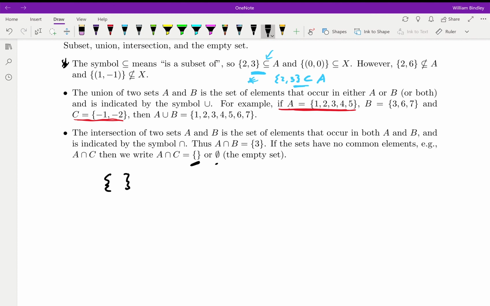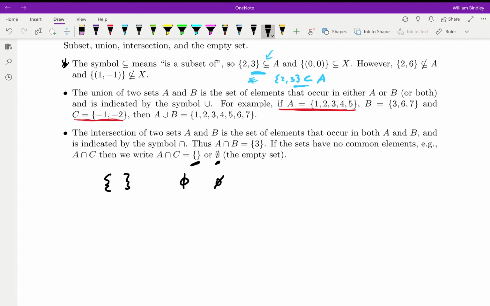But it's actually more commonly written this way: like a 0 with a line through it, or the ancient Greek letter phi. In handwriting, it's often like this, or you might see the line on a bit of a diagonal. That denotes the empty set.